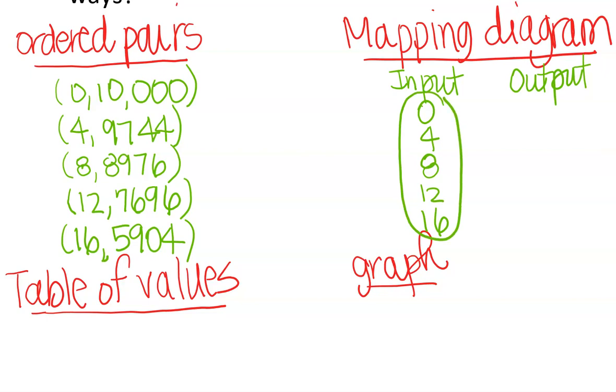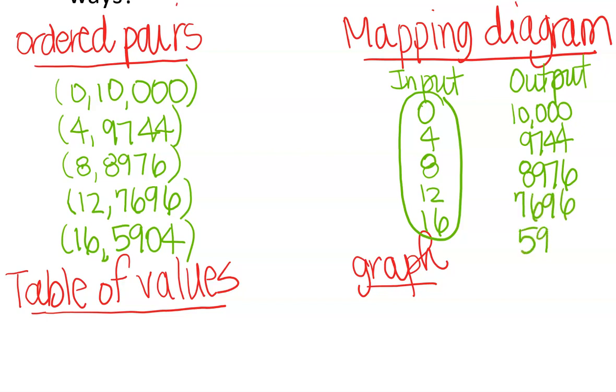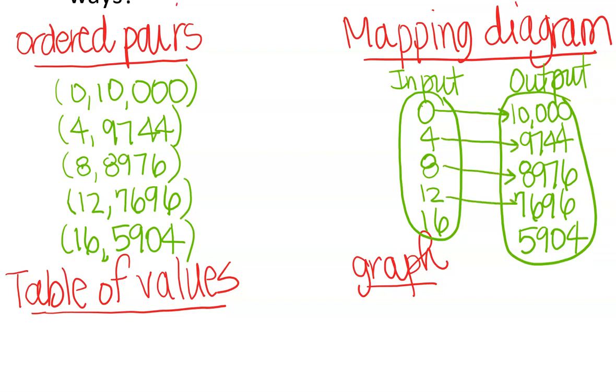The output is going to be the values that go with them. 10,000, 9,744, 8,976, 7,696, and 5,904. Each one of these then gets an arrow going to which number was listed.